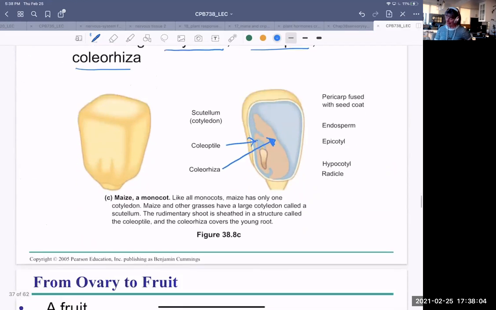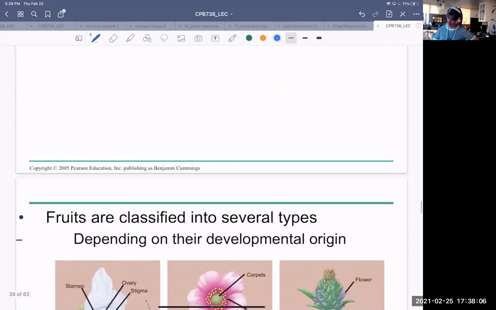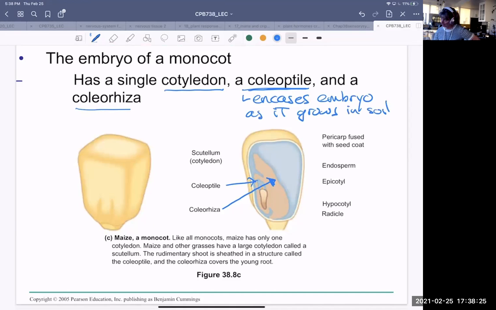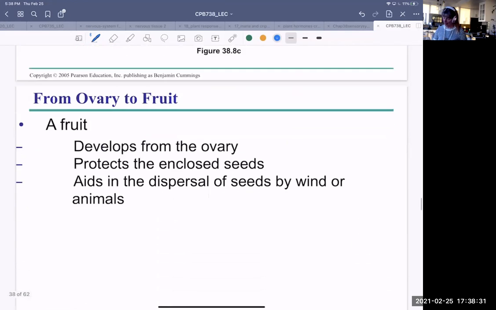And what's very interesting is that the coleoptile is an encasement as it grows in the soil so that it doesn't get damaged by the soil and the friction of the soil.